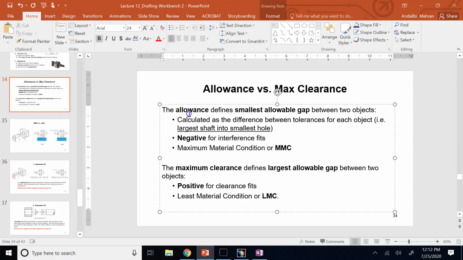Allowance between two parts, or the smallest gap, which we also call MMC, or maximum material condition. It is the smallest gap that can be between two parts. On the other hand, the biggest gap between two parts, which is also called LMC, or least material condition, is of course the biggest gap between the two parts.